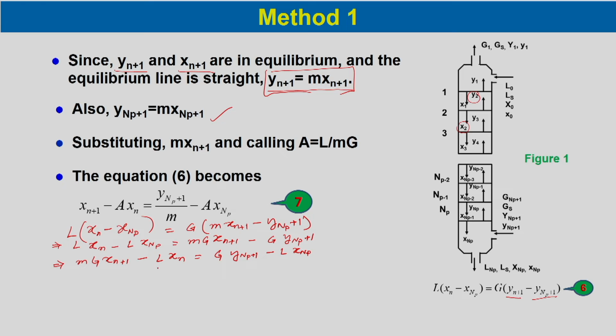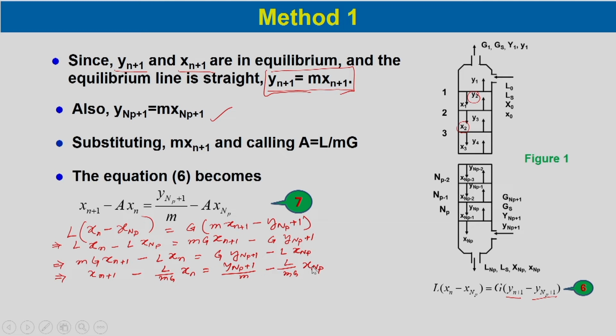Now, if we divide by m G on both sides, it would be x n plus 1 minus L by m G x n equal to y n p plus 1 by m minus L by m G x n p.